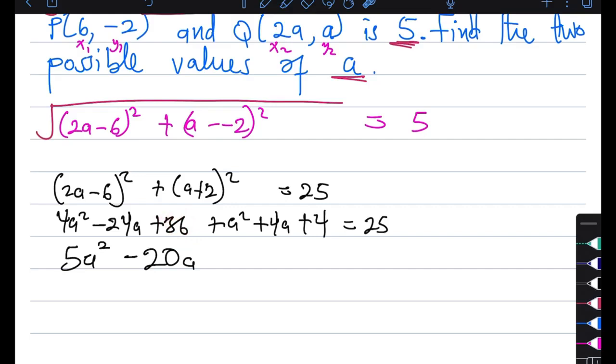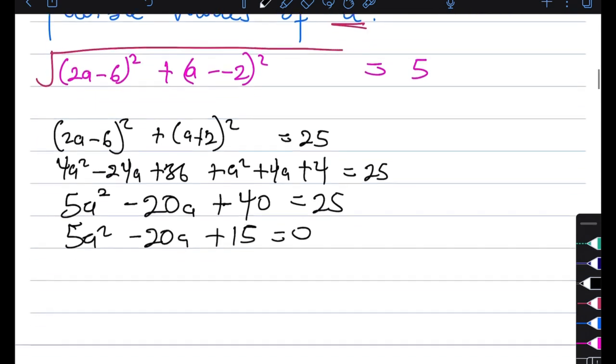We are going to add it to the 4 here, and that will give us 40. So that's plus 40 is equal to 25. Now we can transpose this 25 to the side. So we are going to have 5a squared minus 20a, 40 minus 25, that will give us 15.